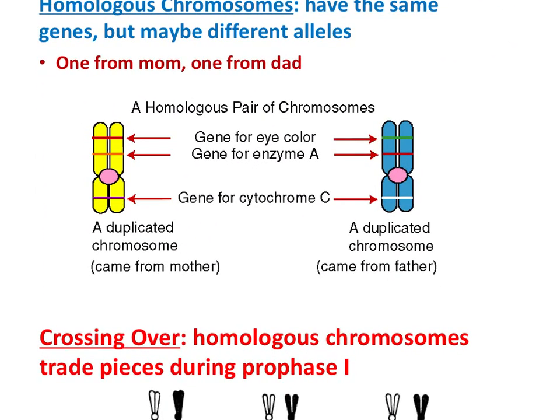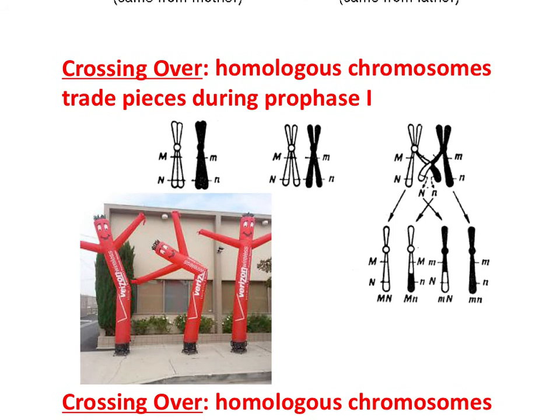So this kind of says the exact same thing. So crossing over involves those homologous chromosomes, and crossing over helps to explain why there's so much variation in sexually reproducing organisms.